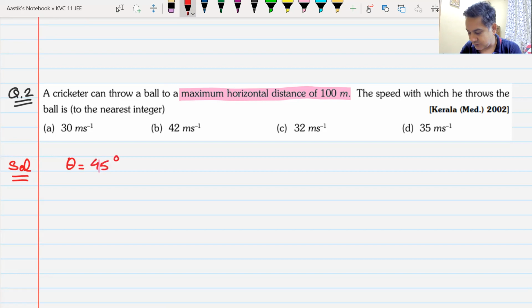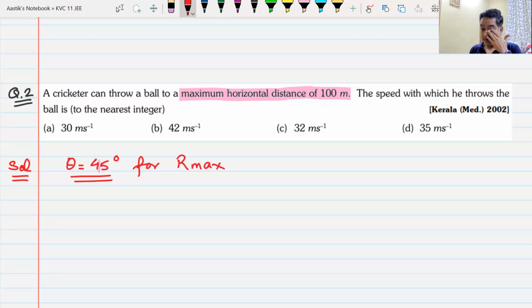I don't know why you are getting so confused. If you don't remember it, please note it now. Theta is 45 degrees for maximum range, and that maximum range is u square by g. That is given as 100.